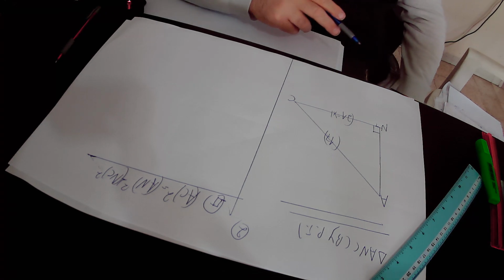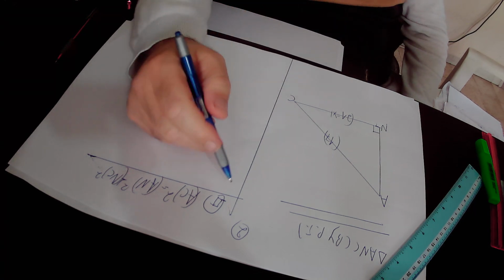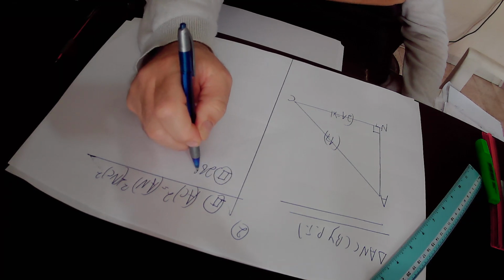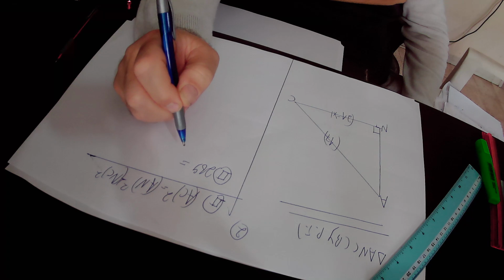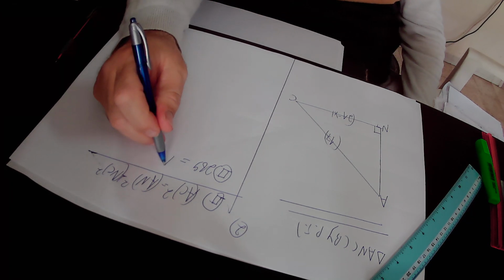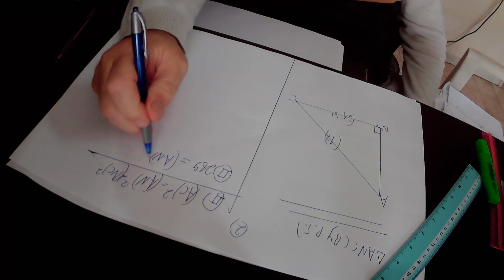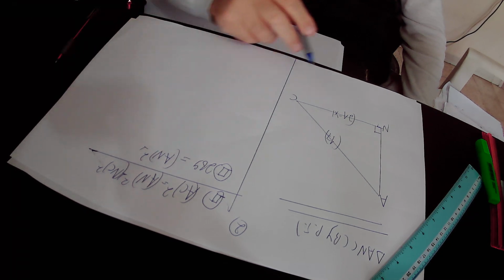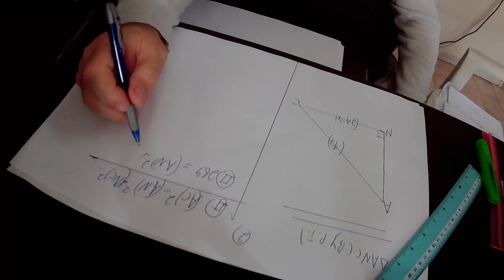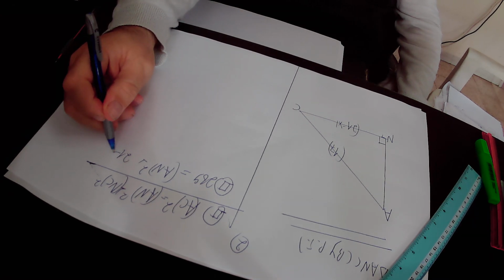AC is 17, therefore AC squared is 17 squared, that is 289. And it equals AN squared. AN is the missing side, so we leave it as it is. Plus NC squared. NC is 21 minus x, therefore NC squared is (21 minus x) squared.